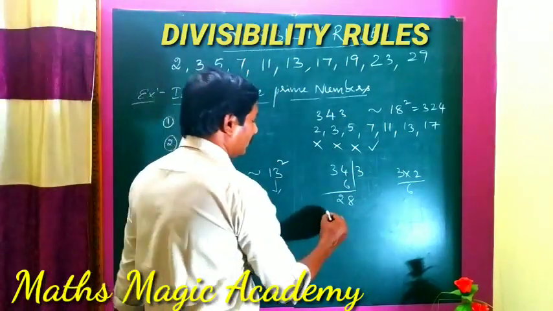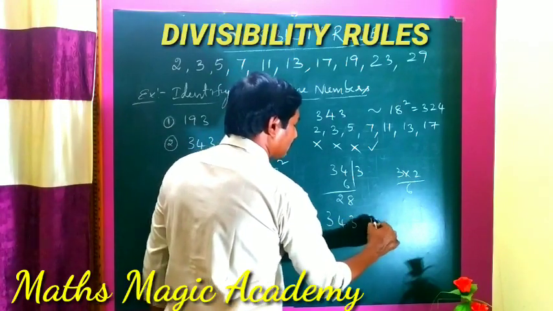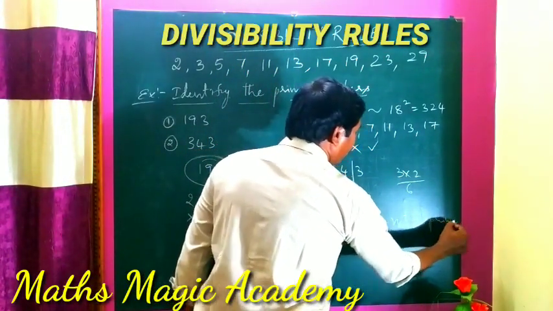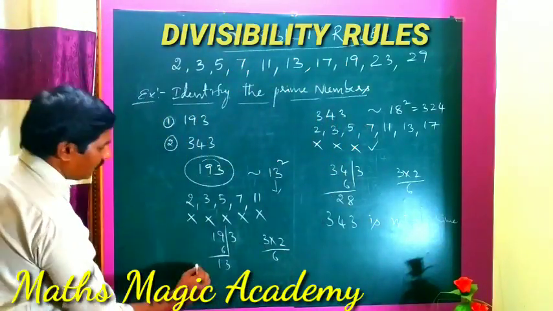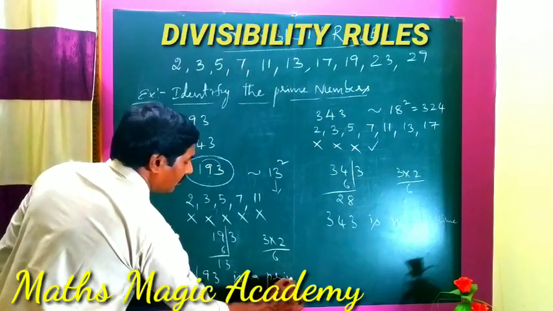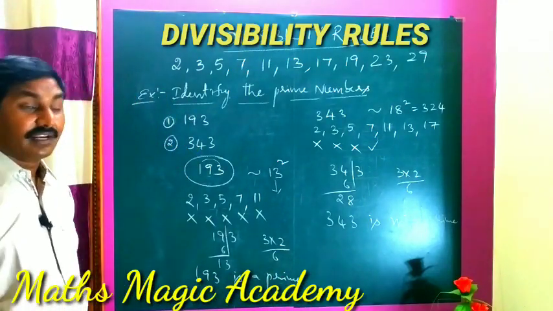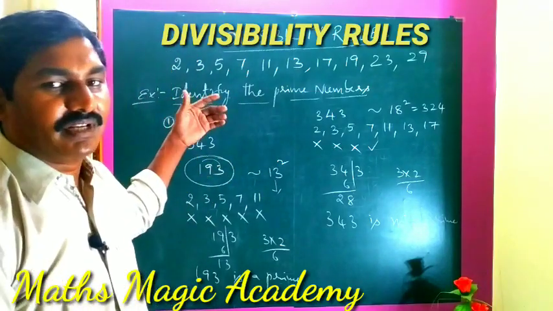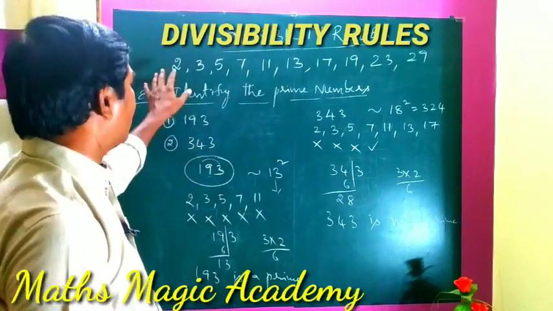So 343 is not a prime, whereas 193 is a prime. Like that, for deciding which number is a prime and which is not, we can also use these divisibility rules.